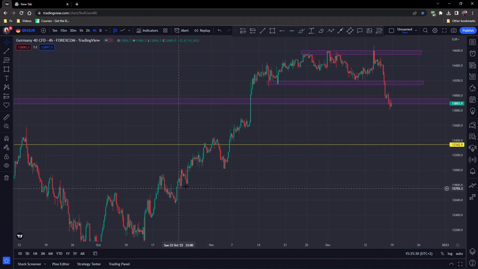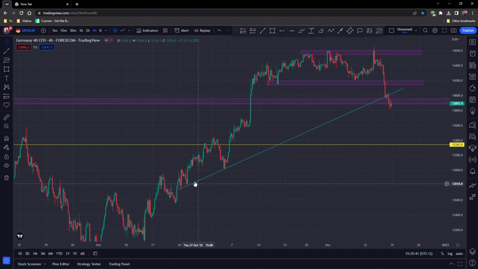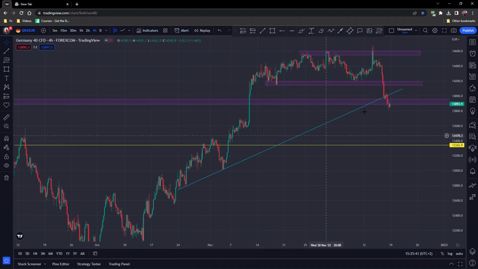We can be looking at this where we did have a first touch, a second touch, third touch. And you can see we did have a breakout and a small retest, and the market did shoot back down, right?